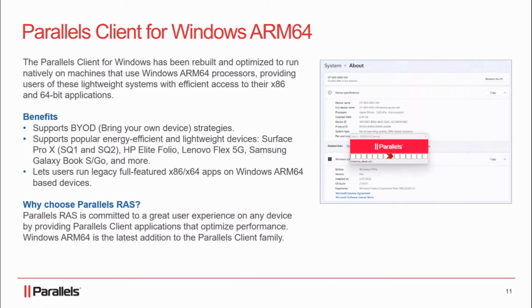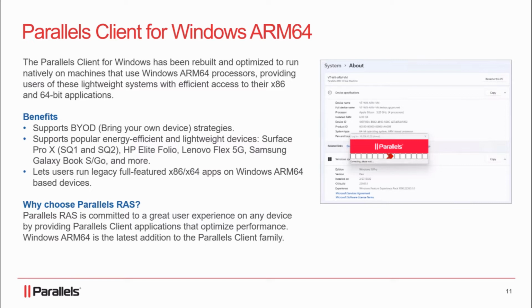We have also added a new client to the family, the Windows ARM64 client. This expands our ability to support any device out there with a native client. We expect to see more ARM64 systems out there running Windows. Microsoft has released the Pro X, and HP, Lenovo, Samsung all have Windows ARM64 devices.